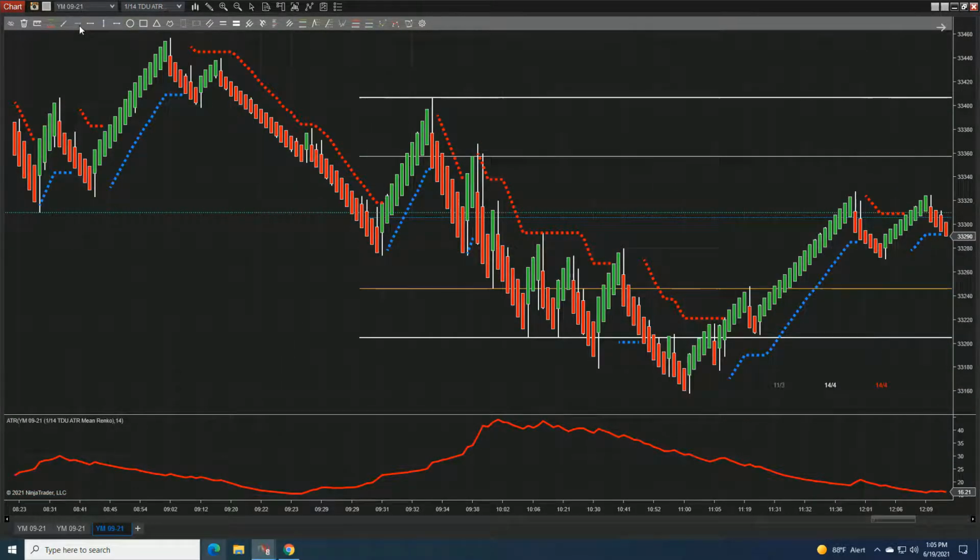The other thing that can be worthwhile is to just use a horizontal line. Say, okay, when I get above 40, hey, this may not be a time that I want to be looking to enter the market. Or if I'm in the market, it may be a time that I want to tighten up some of my exposure.